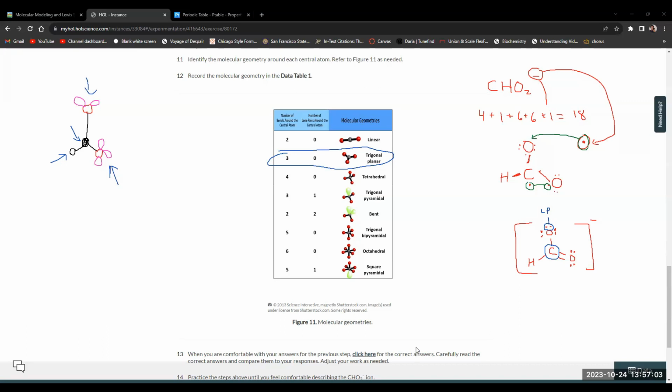What if we remove the hydrogen? Which one would best represent the structure?